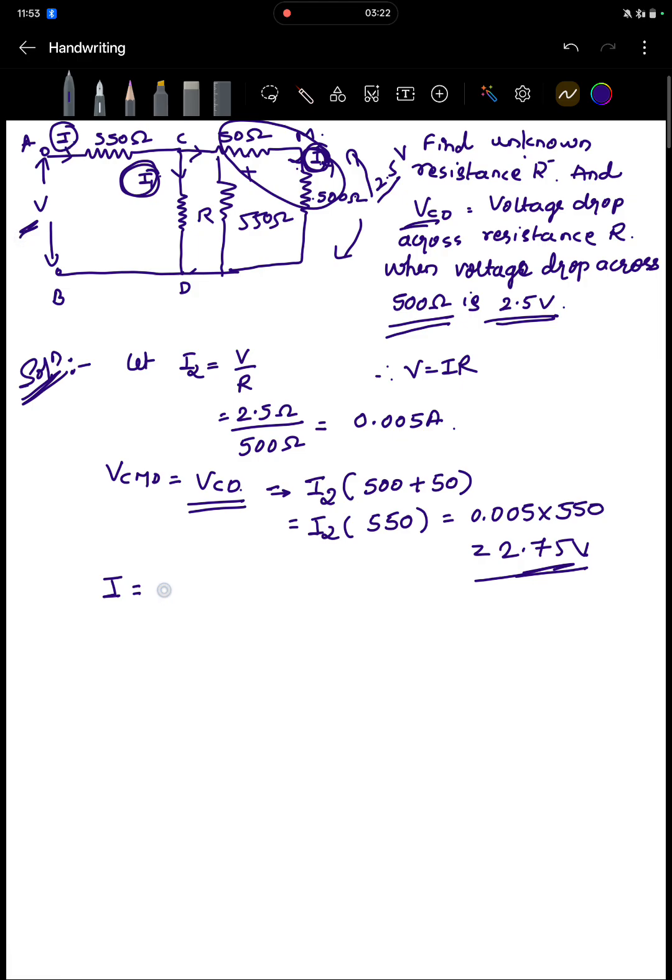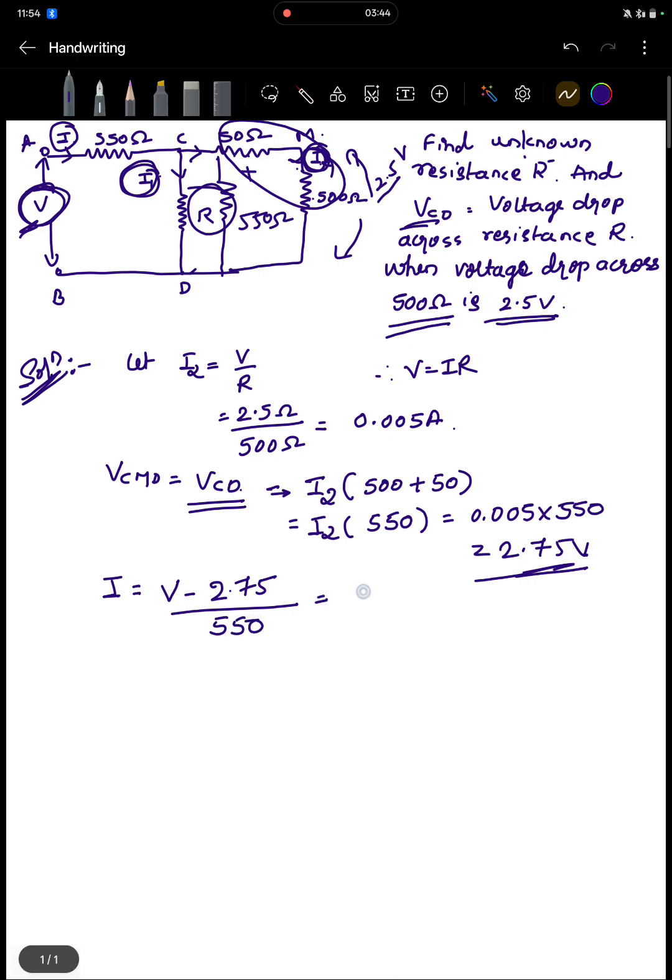I is equal to voltage V minus 2.75, the voltage across the source and the voltage across this unknown resistance, divided by the resistance, that is 550 ohm.